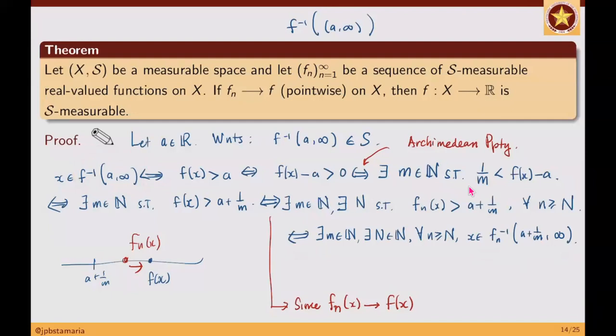Ganito siya. Therefore, yung F inverse of A to infinity is basically what? The union. Kasi not union, kasi there exists. The union over all M, of the union over all N, of the intersection from N to infinity, kasi N greater than or equal to N, of these inverse images.